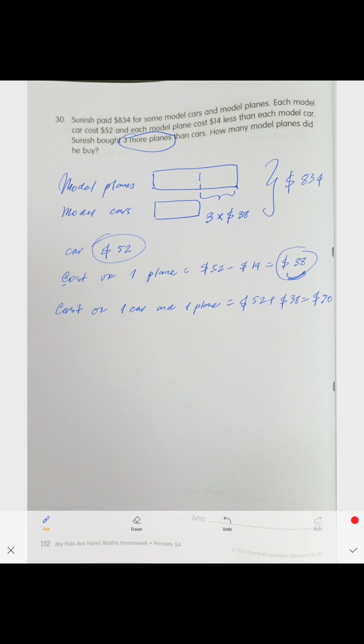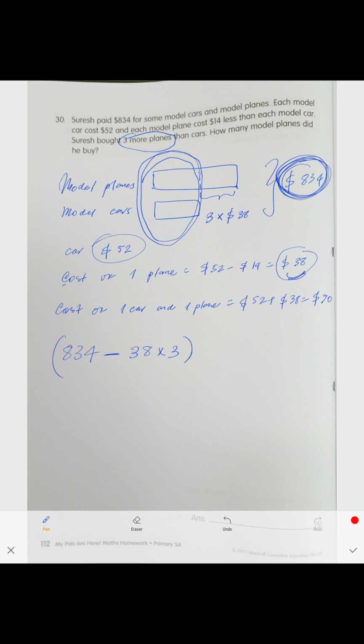Now we need to divide this amount, and this amount is the total minus these three planes. So the total amount of money that he spent, $834, minus three planes, $38 each. This is the amount of money spent only on this.